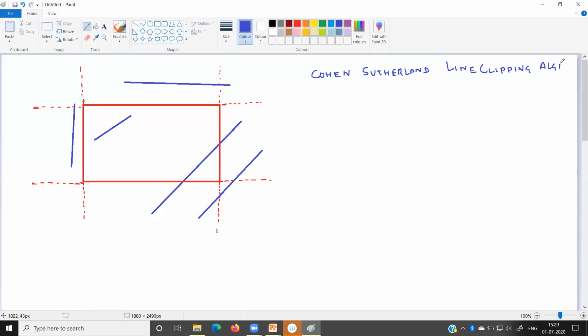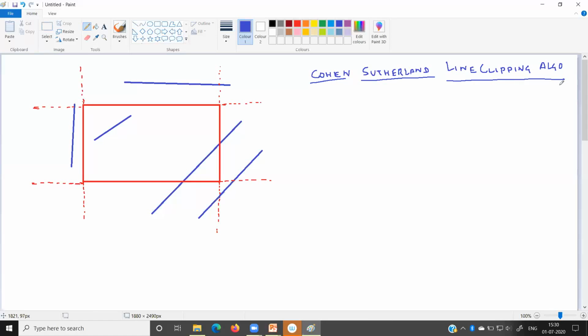The Cohen-Sutherland line clipping algorithm is a very basic algorithm, and an interesting feature is that it will not process all the lines. In the initial checking step, it will check which line segments do not belong inside the clip window.